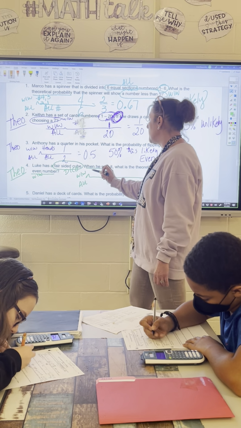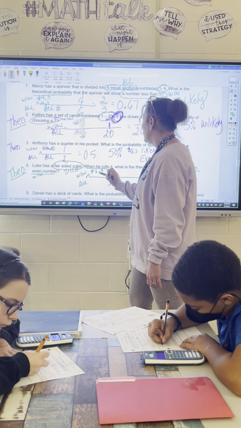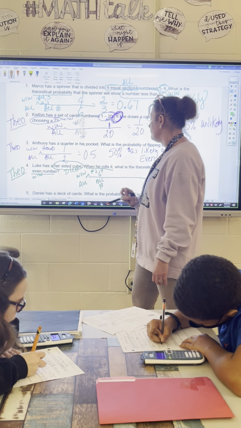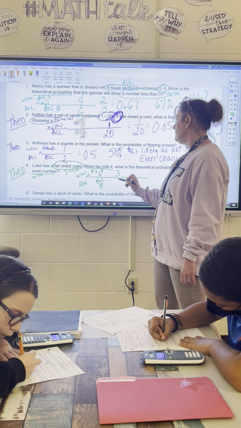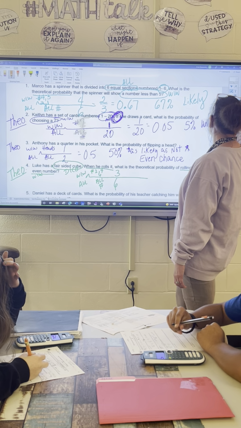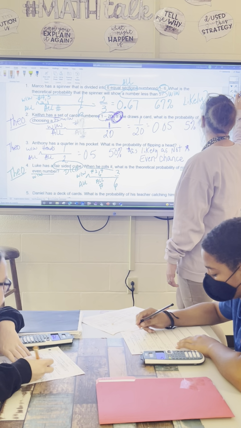So an even number means I'm going to want a 2, a 4, or a 6 out of all numbers, right? How many numbers is that? 3. Out of how many? 6. A dice has 6 sides. Unless they tell you otherwise, you can assume that it is 6-sided.